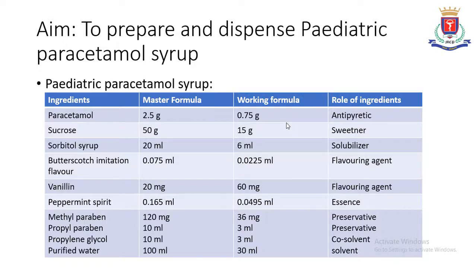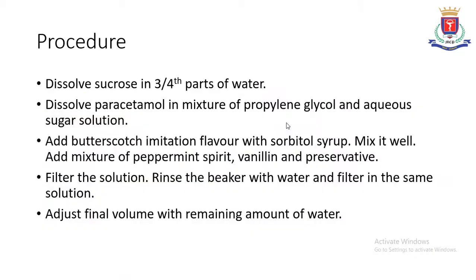They cannot easily swallow the tablet. They do not know the mechanism of how to ingest a tablet. So it may choke their throat or the esophagus. So for such kind of patients, it is necessary to prepare the syrup. So hence we are preparing this pediatric paracetamol syrup.